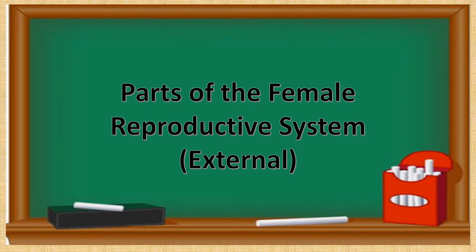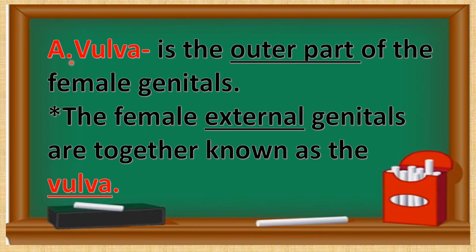So let us define one by one the parts of your female reproductive system. So let us go first for the external part of your reproductive system. Okay, so number one is your vulva. So vulva is the outer part of the female genitals, or the outer part of your female reproductive system.